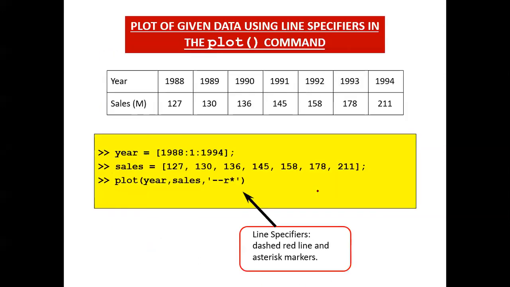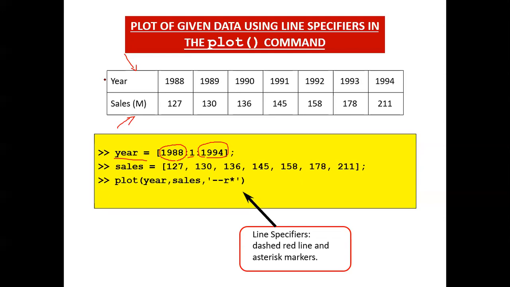I'll show an example. Whatever data we have, here we have year and sales, so two sets of data. For the first data, we create year starting with 1988, incrementing by 1, with a maximum of 1994. This is another way to give the data.